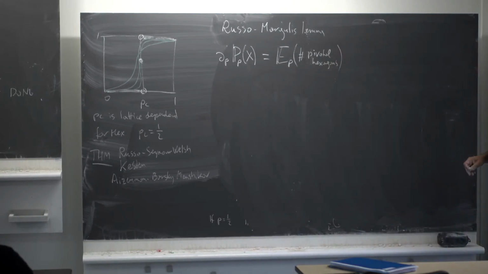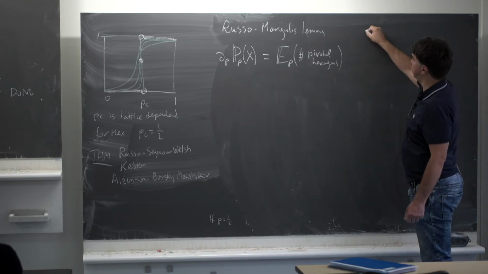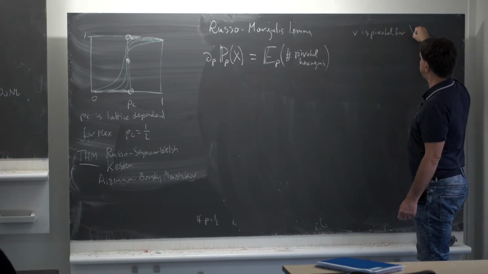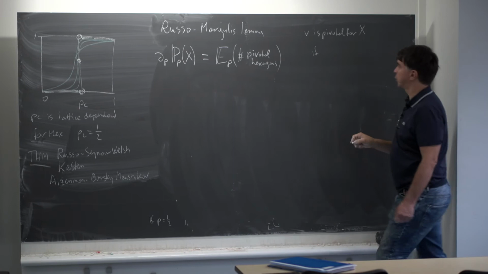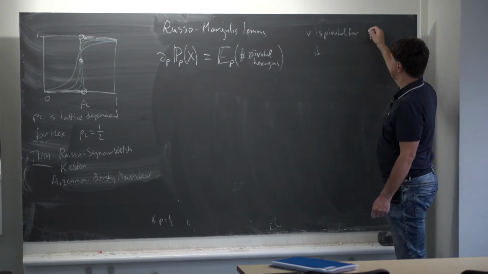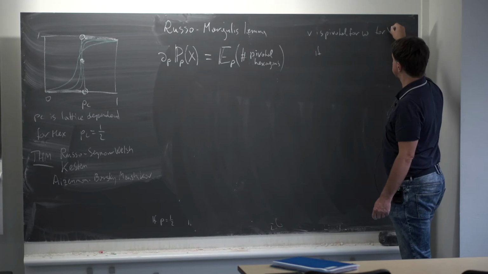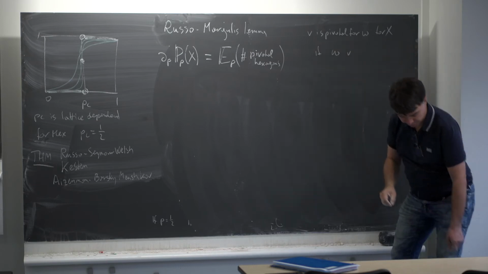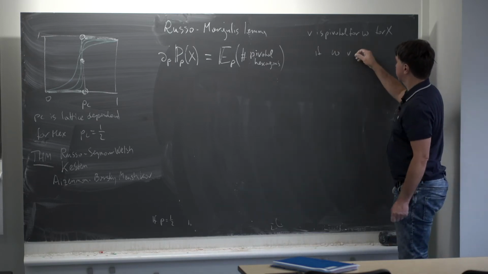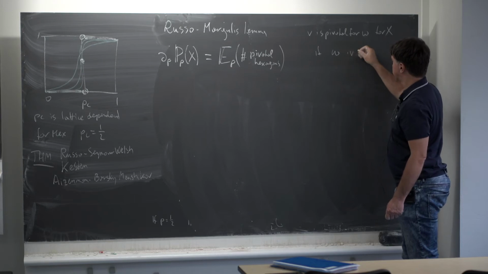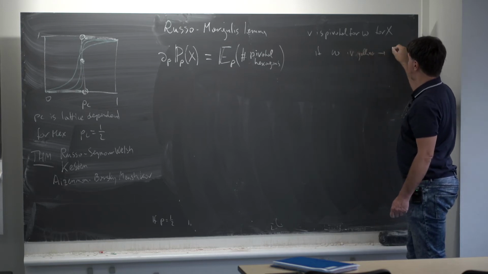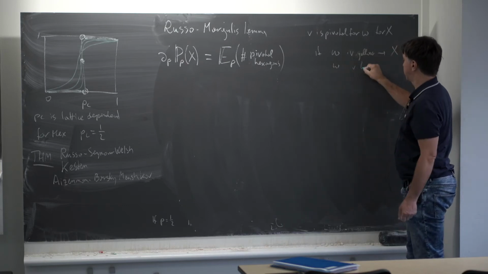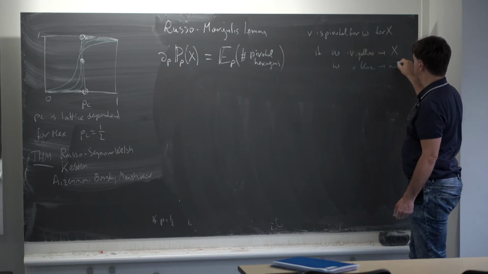So here the remark is that V is pivotal for event X if, for configuration omega, omega with V yellow gives you X, and omega with V blue, so it's open and closed, gives you not X.